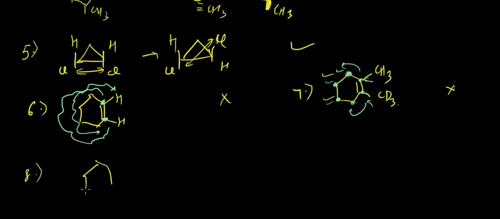What about this compound? Will it show geometrical isomerism? Yes, because I have just drawn one picture of the coin, or one part of the coin. You can also draw another picture in which you come up with this structure. So this is geometrical isomerism. And why is this geometrical isomerism?